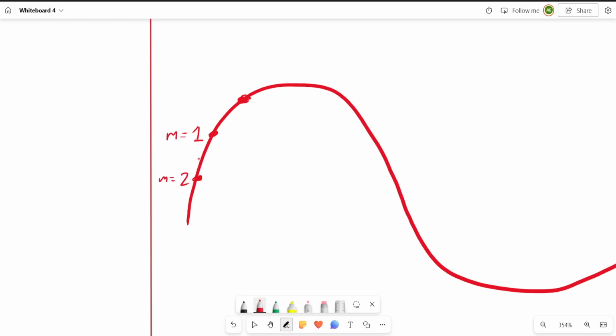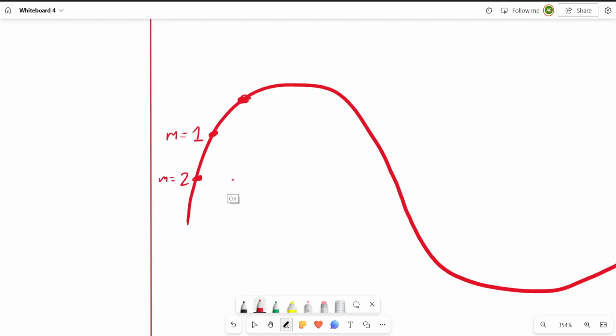Why? Because we know that the gradient is the slope of the tangent at that point. The tangent at this point is like this, and the tangent at this point is like this. We can see that this line is steeper than this line, so the gradient is higher for this point than this point.